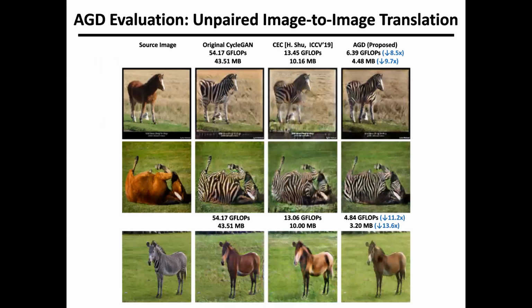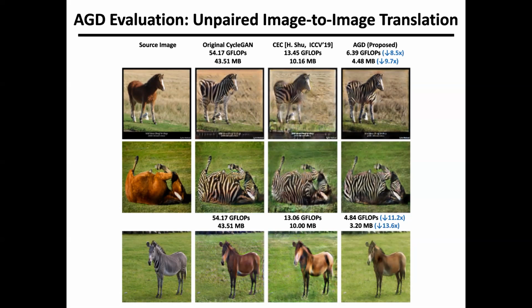First, we evaluate AGD on the unpaired image-to-image translation task. Here, we benchmark over the original CycleGAN and the SOTA GAN compression technique CEC, and we can observe that our AGD achieves the most aggressive compression with the most competitive visual quality.